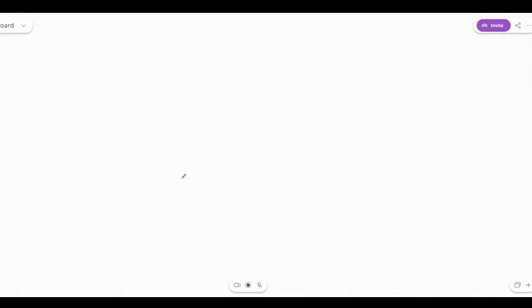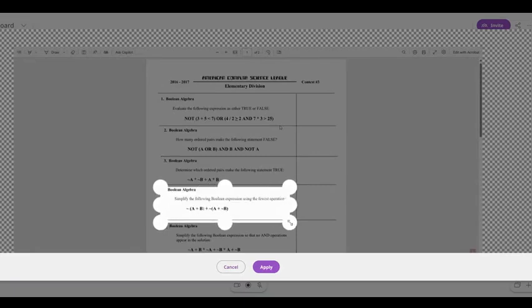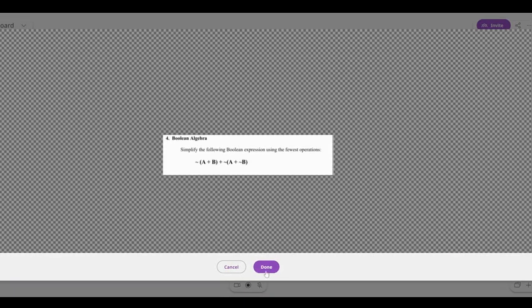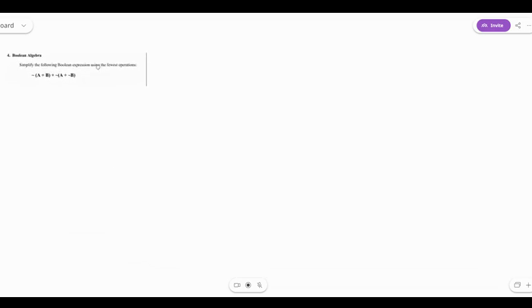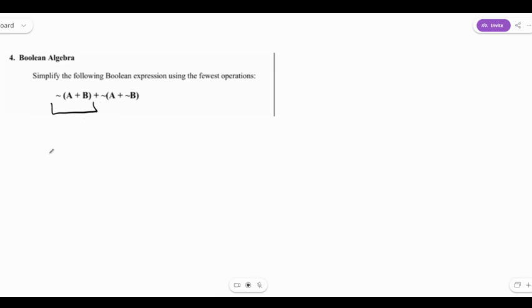Great, now with these simplification rules in mind, let's go back to the previous problem, which asks us to simplify this Boolean expression. Here we can see that we can apply De Morgan's law.